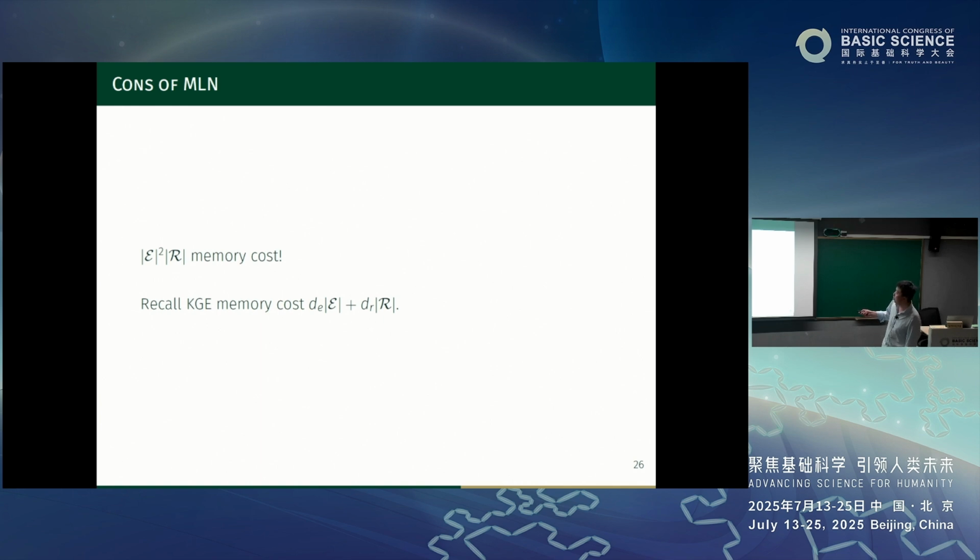DR is the dimension for representing relations. It's linear in the number of entities and the number of relations. But this one is polynomial, quadratic or linear in R. It's very large. So in our neural-based method, we want to take the strengths of both methods to develop a more efficient and more practical method.